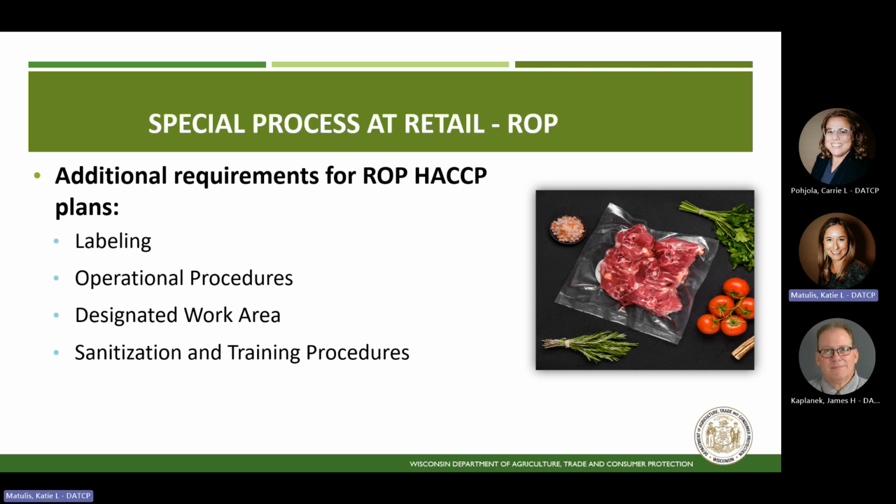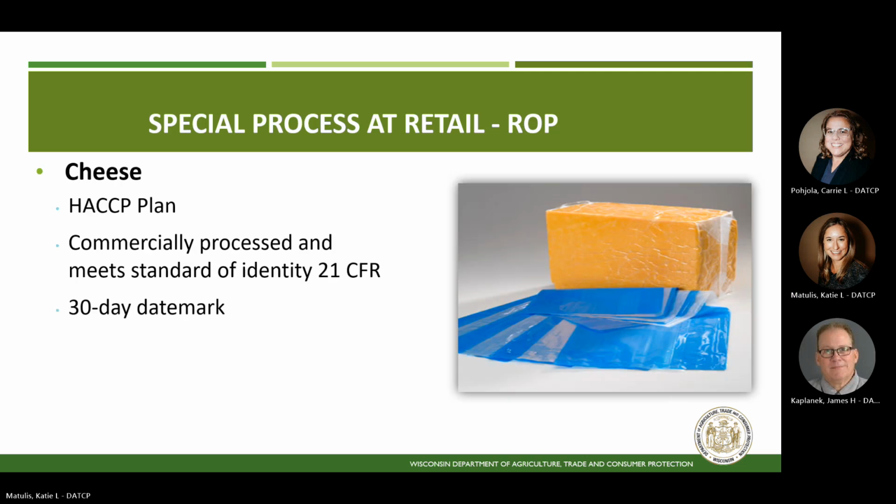Now we'll discuss 3 different ROP scenarios. The first is ROP cheese. A food establishment that packages cheese using a reduced oxygen packaging method shall have a HACCP plan and limit the cheeses packaged to those that are commercially manufactured in a food processing plant with no ingredients added in the food establishment and that meet the standards of identity as specified in 21 CFR, or the Code of Federal Regulations.